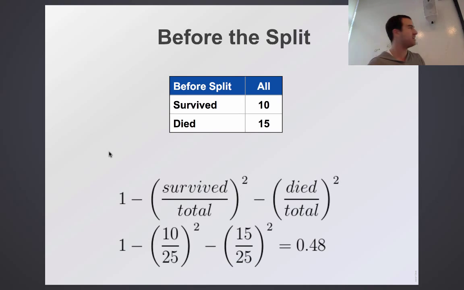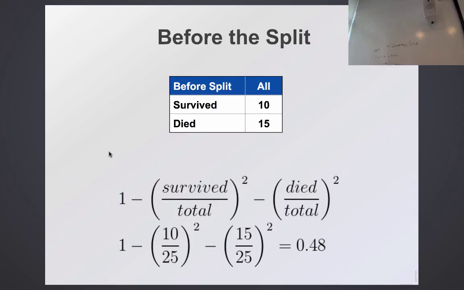So in this example, 1 minus 10 over 25 squared minus 15 over 25 squared is about 0.48. A 0.48, halfway between 0 and 1, is an indication that it's not very pure, because as you can see, it's 10 out of 25, 15 out of 25.